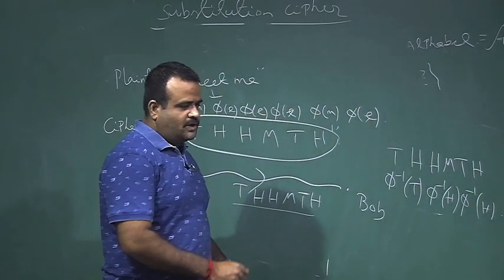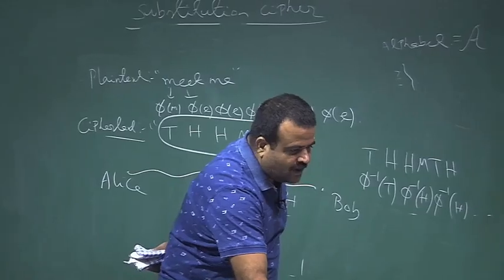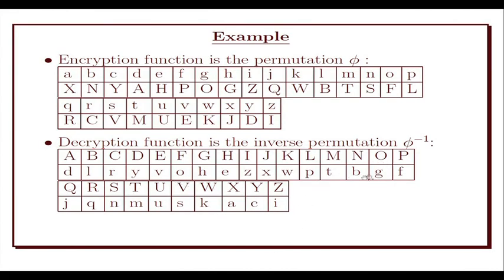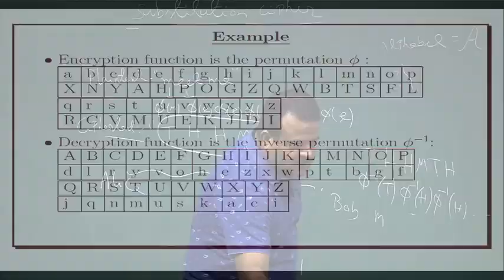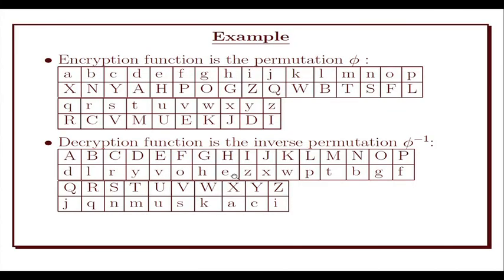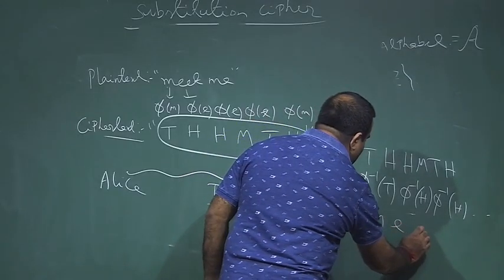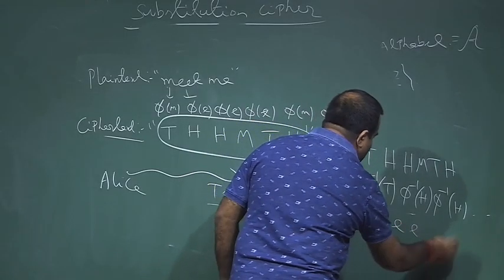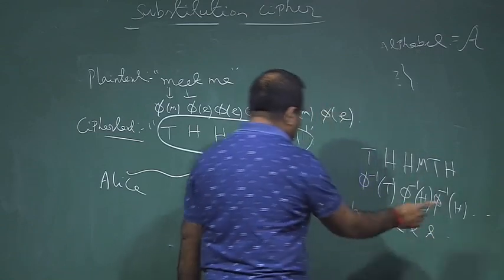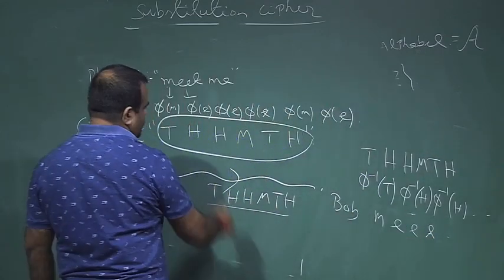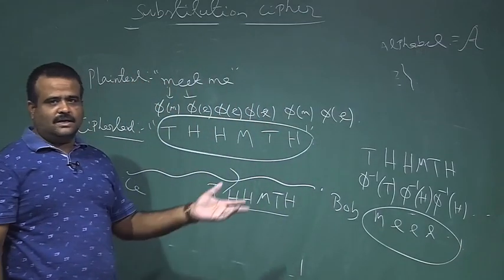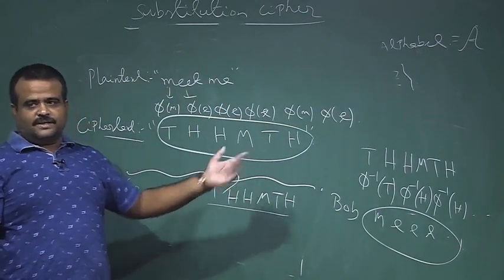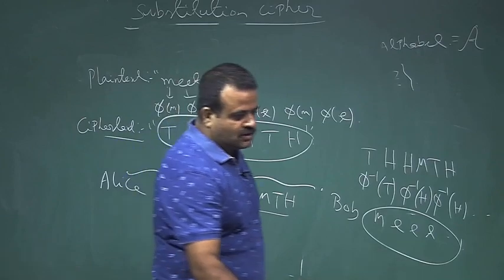Phi inverse of t is m, and phi inverse of h is e. This way, we will get back "meet me". This is the plain text we get back by applying the decryption algorithm, which is the inverse permutation.